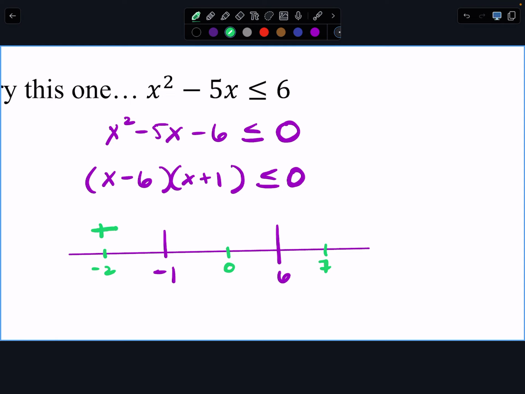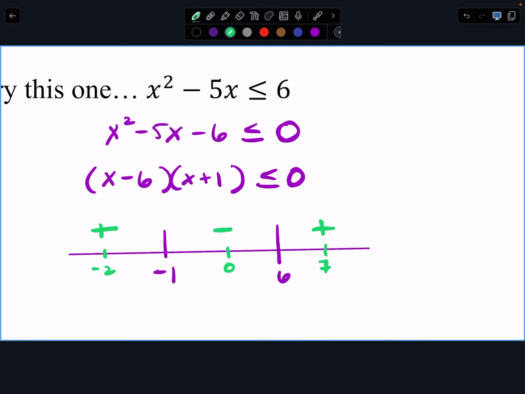If we plug in 0 for x, we would get a negative times a positive, which is a negative. I don't actually care what the value is, I just care what the sign would be. And then we'd have a positive times a positive when we plug in 7, which is a positive.